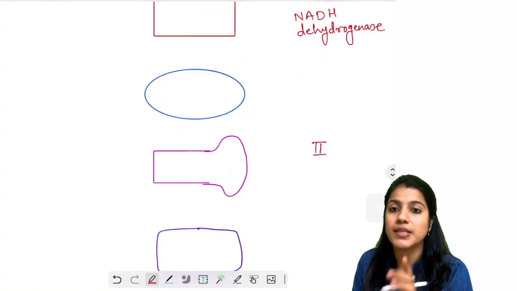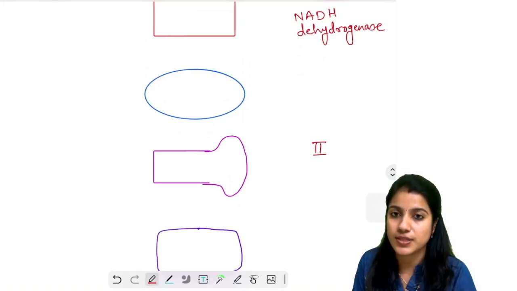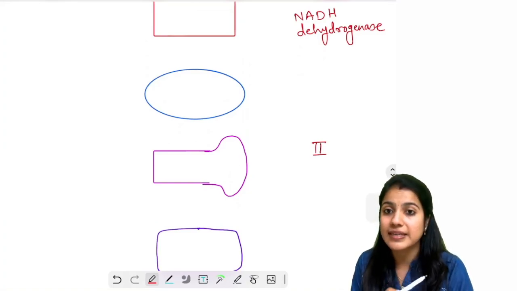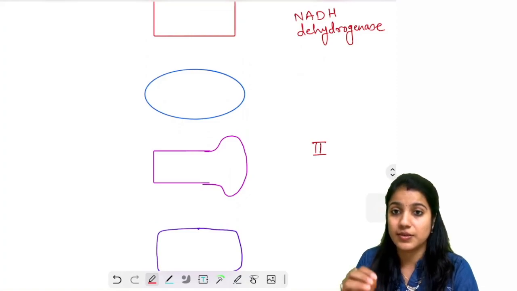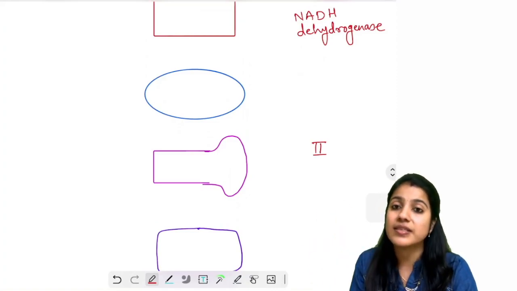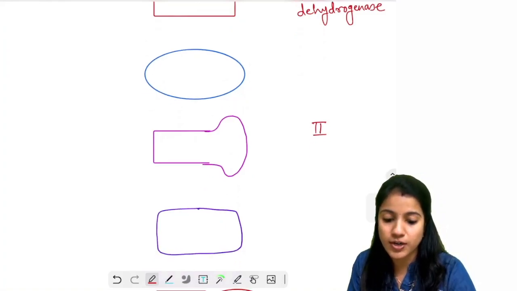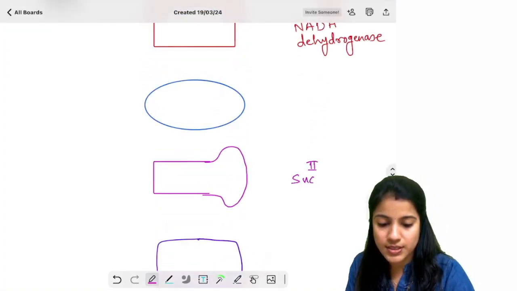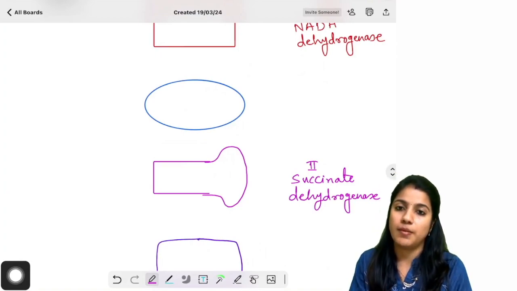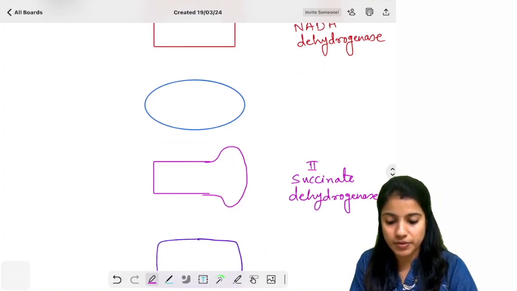Only one enzyme, succinate dehydrogenase, is situated on the inner mitochondrial membrane. This is the enzyme required during the conversion of succinate to fumarate. So complex 2 is succinate dehydrogenase. Remember, I told you the name of each complex, the components of each complex, and how the process happens. Once you learn that, it will be easy to remember.